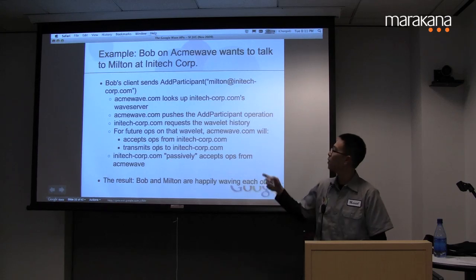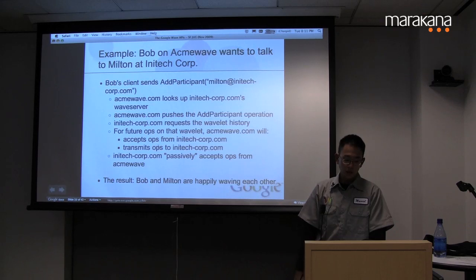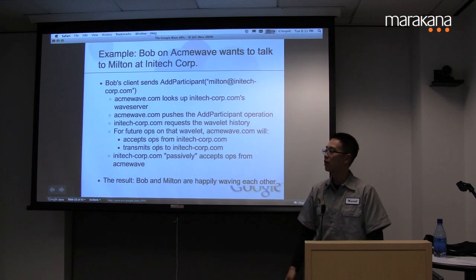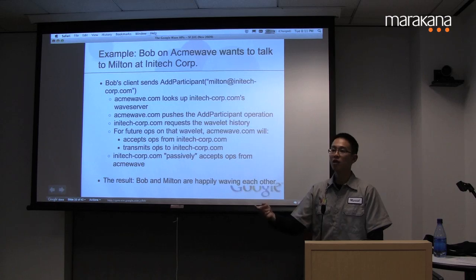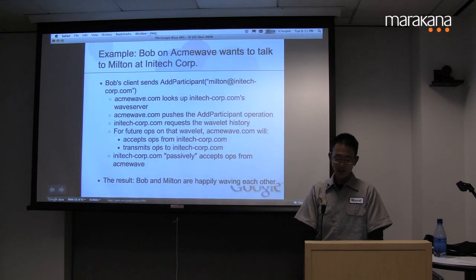And then Initech will propagate this to Milton, and Milton will get the wave. For future operations, Acme Wave will broadcast any updates to Initech, and Initech will send operations to Acme Wave. And after this, Bob and Milton can happily wave each other forever.